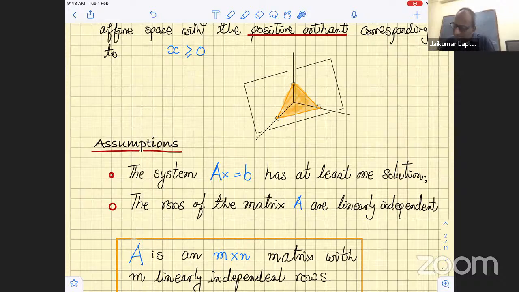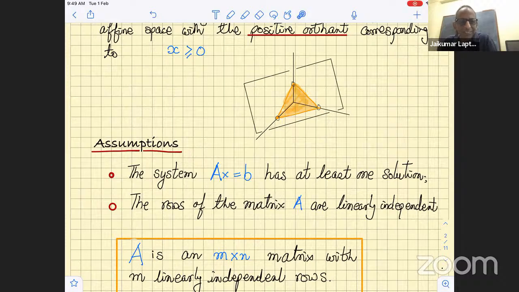So we might as well assume that for this A, we have done the initial row echelon form algorithm on this system. So we can assume that all the equations that we have are linearly independent, or the rows of A are linearly independent.